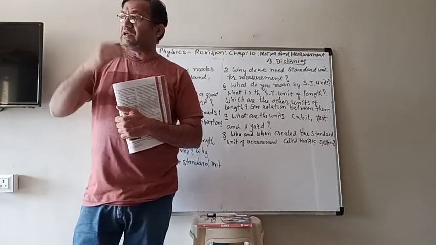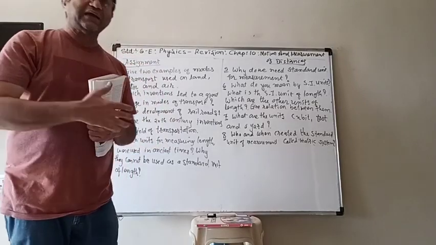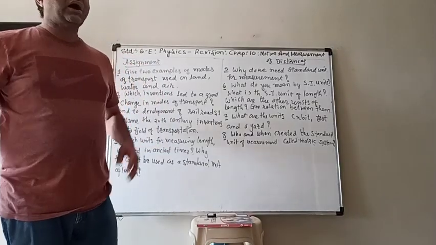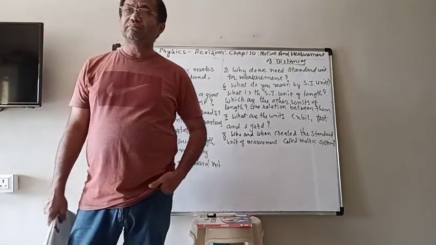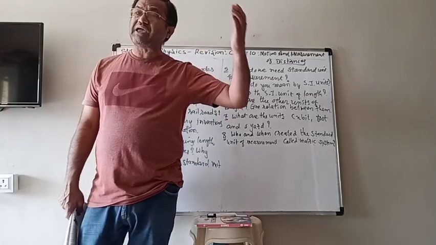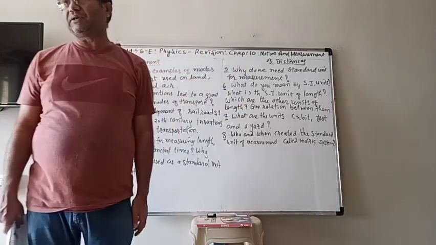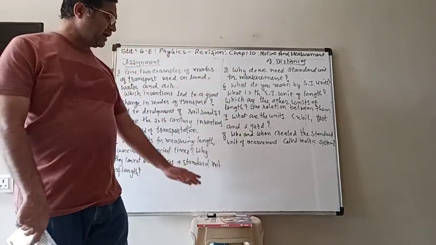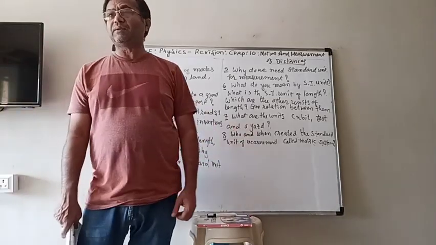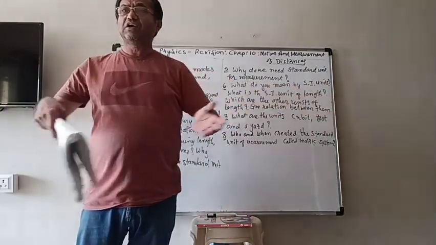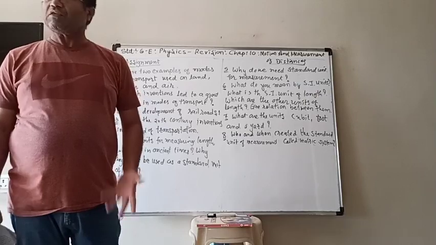The next day he bought another set of gilli danda, but that was not the same as that measurement. So now if he did again 1 gilli and 1 danda, then one part was greater, one part was smaller.